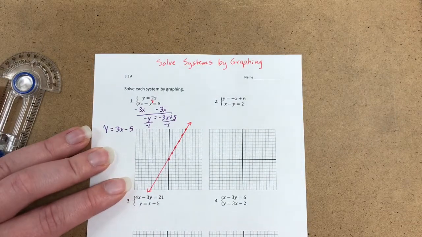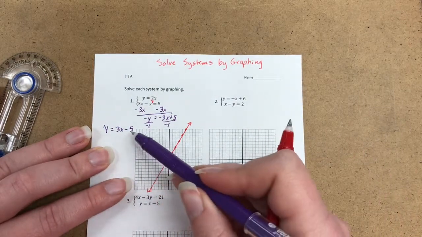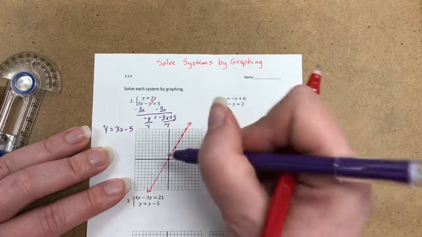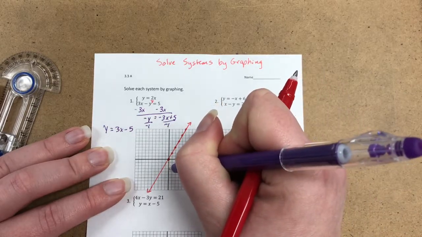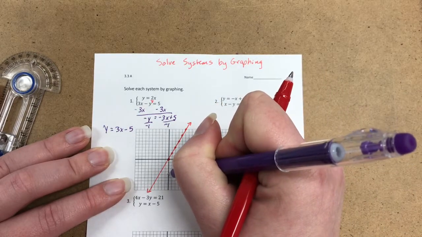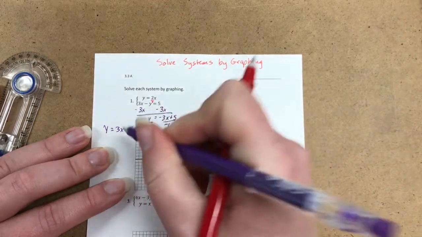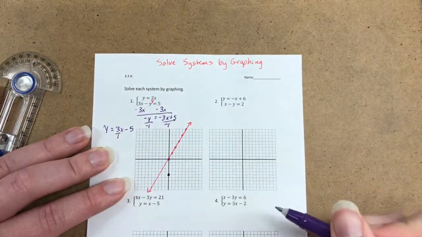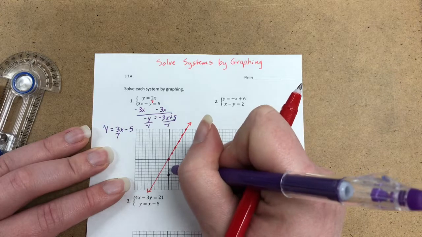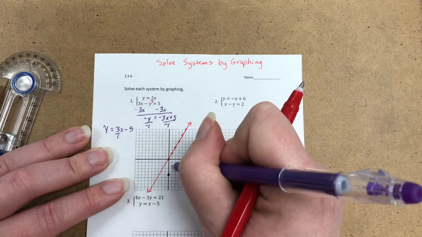Now I can graph this like a normal line. I will graph my y-intercept of negative 5, and then I will use my slope of 3 over 1, so I'll go up 3 and right 1.